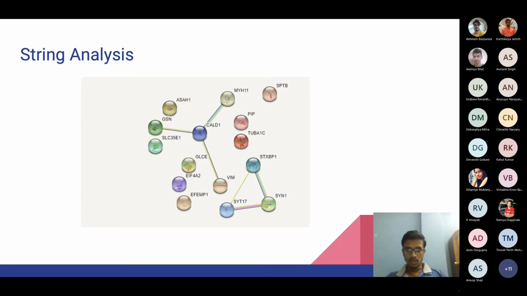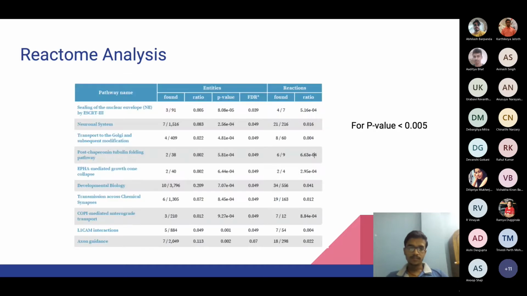As we can see, there was not much correlation between those proteins, but there were 6 proteins which were related. Afterward, those 15 proteins were taken for the Reactome analysis, and 25 pathways were obtained whose p-value was less than 0.05. Here I have shown the top 10 pathways.